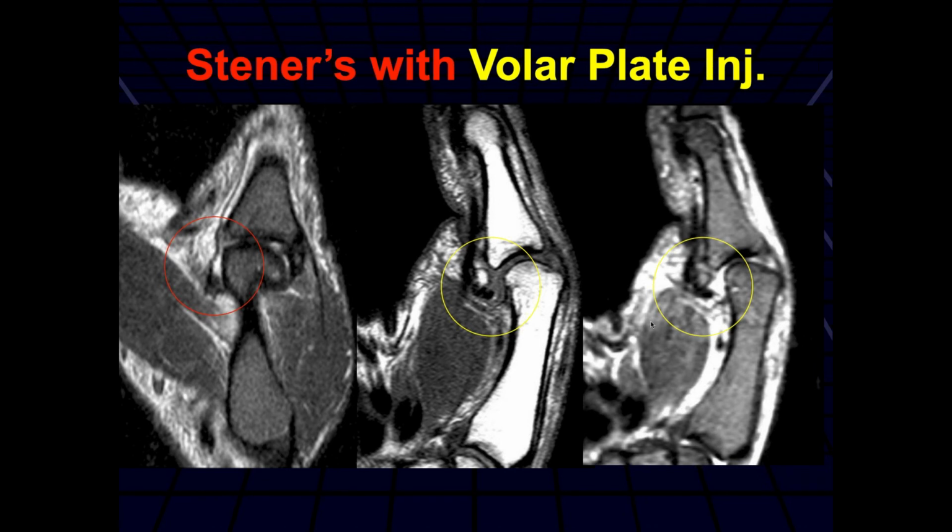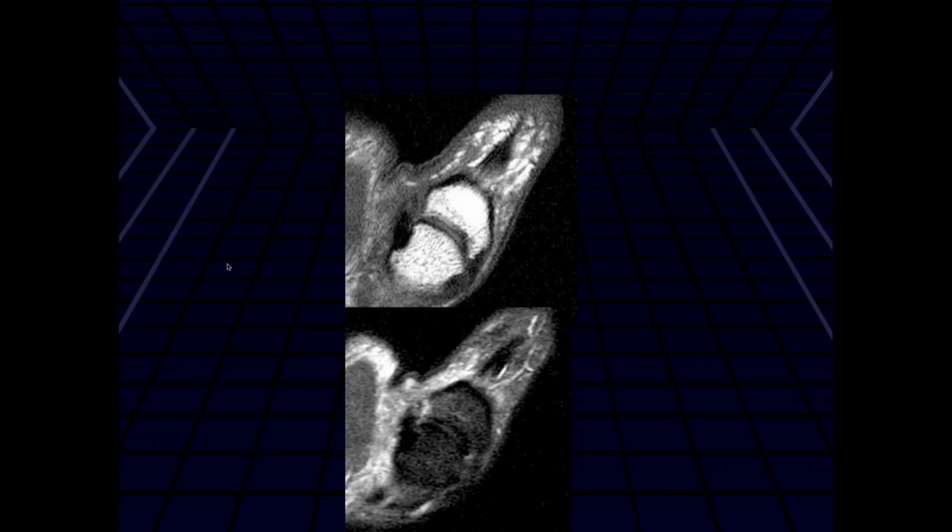I also have a subluxation, and the radial side is also kind of pulled, isn't it, John? Yeah, a little bit. This is kind of an oblique image. Somebody grabbed his thumb and twisted it. So this was another unstable injury.